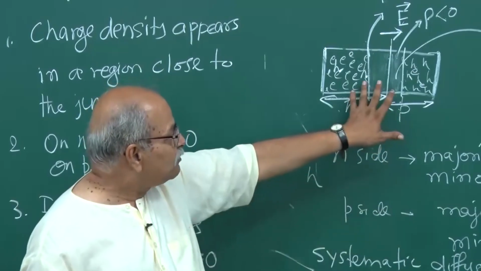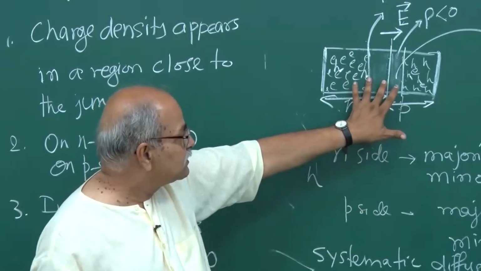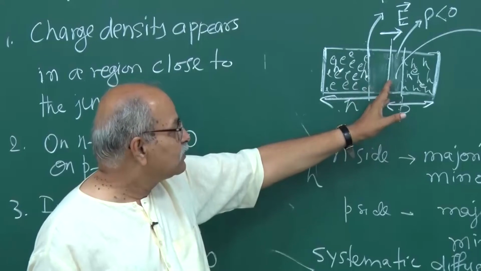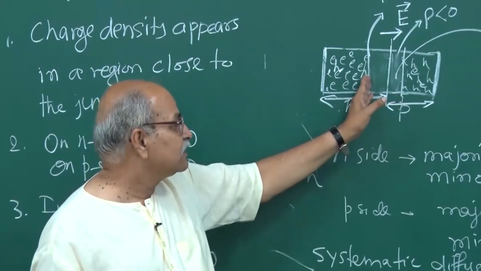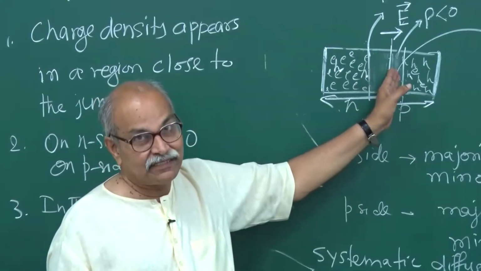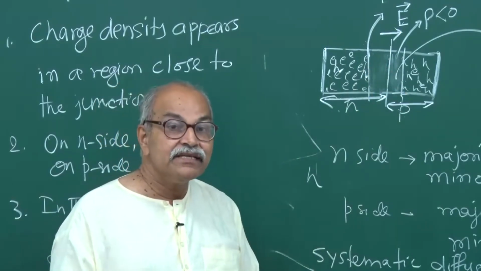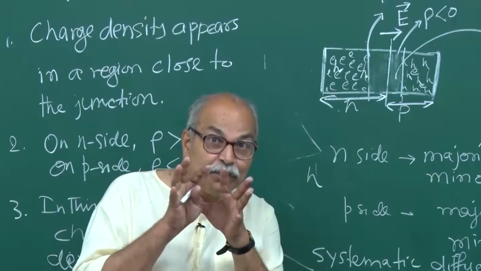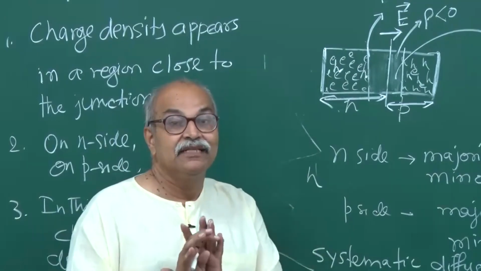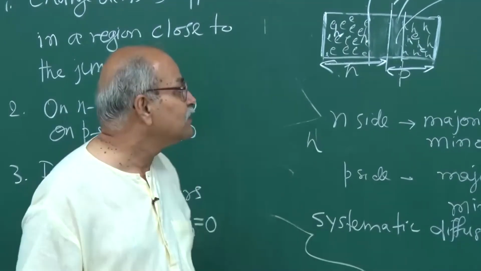So, the width of the depletion region on the left of the junction and on the right of the junction will depend on the concentration with which the dopants were put there, the impurity concentrations. All right.